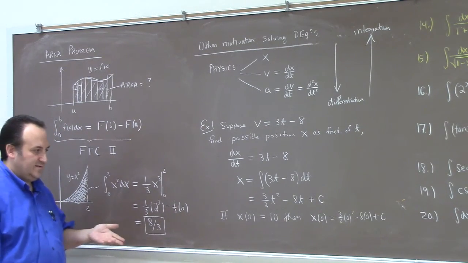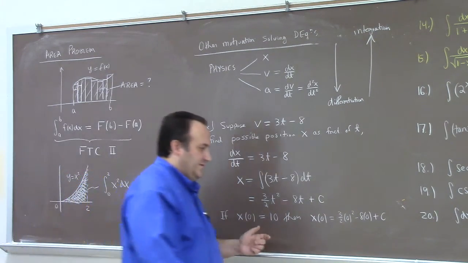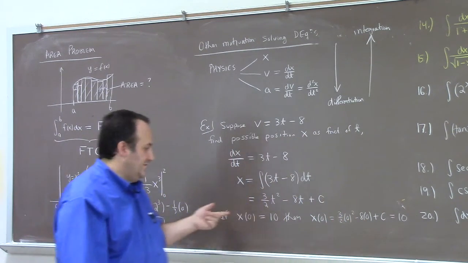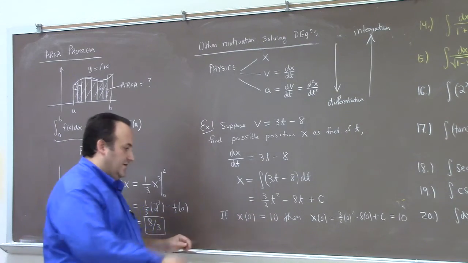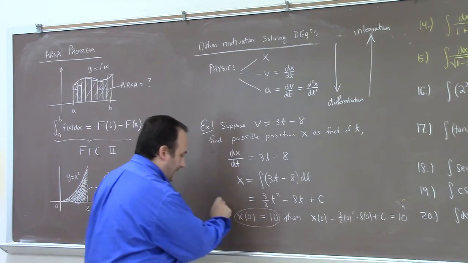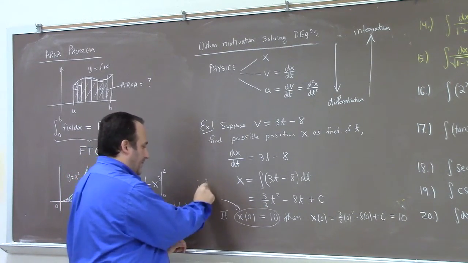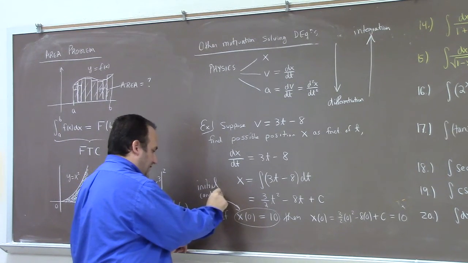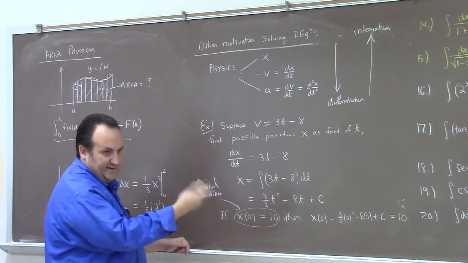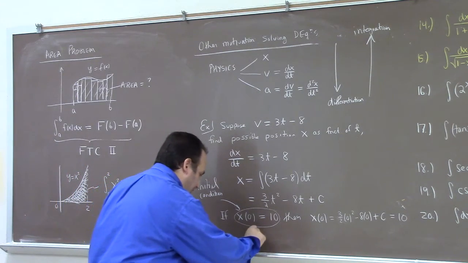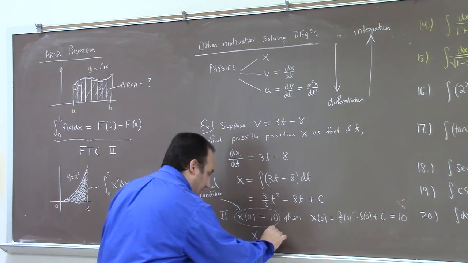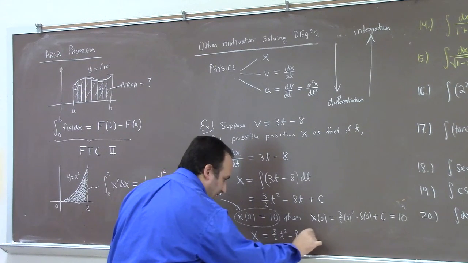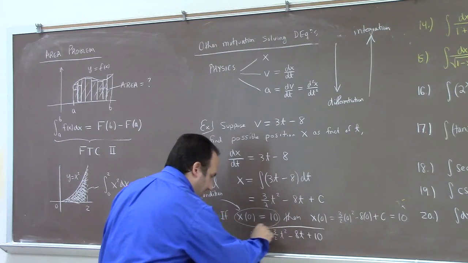So we would choose the constant equal to 10 if that was the data, this was the initial condition. If the initial condition is x of 0 is 10, then we find c equals 10, and the position would literally be x is equal to 3/2 t squared minus 8t plus 10. Yeah?